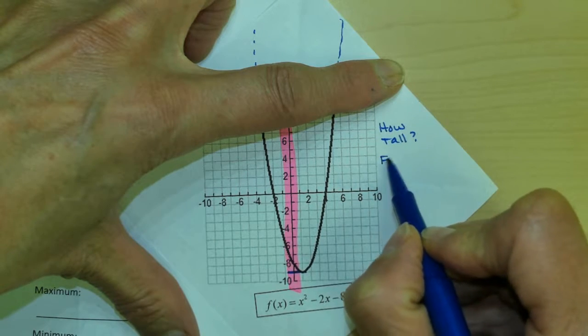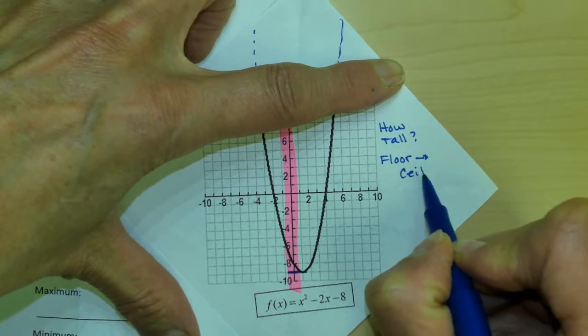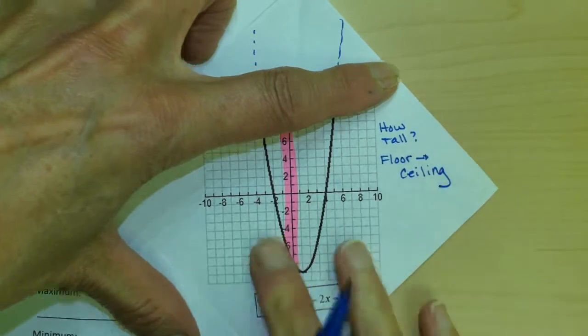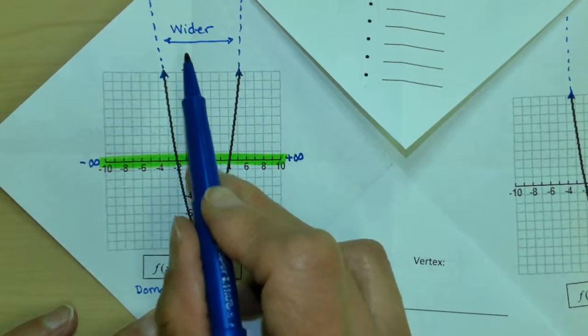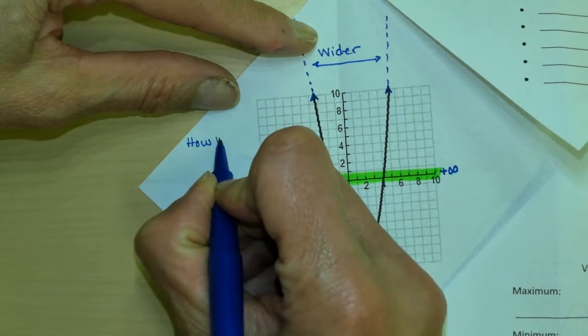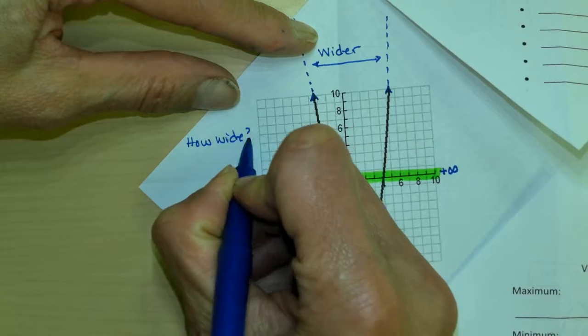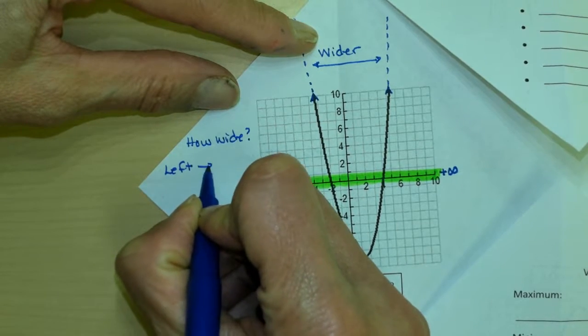And it's from floor to ceiling. Where on this one, with my domain, I was asking how wide is it? So let's write that over here. How wide? And I'm going to look from left to right.